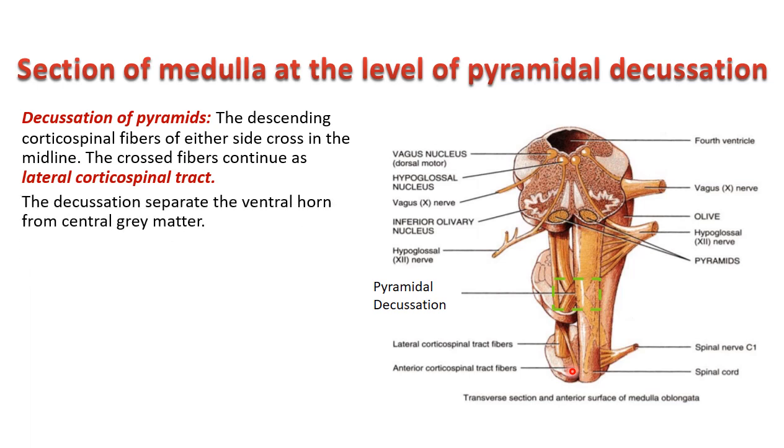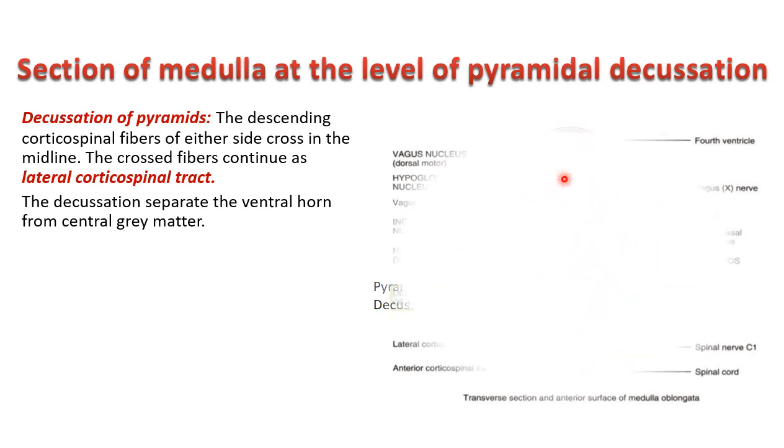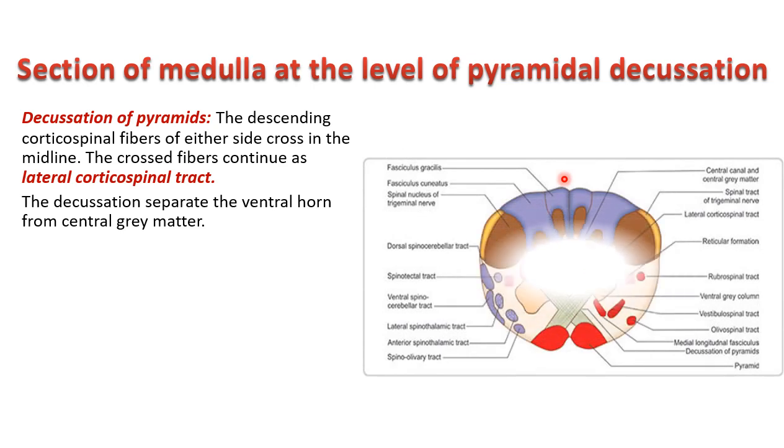That crossing separates your ventral horn from the central gray matter. This is a very diagrammatic representation of the section of the medulla. The ventral gray horn is separated from the central gray matter by this. What you are able to see is the great pyramidal decussation, and posteriorly the nucleus gracilis and cuneatus, fasciculus gracilis and cuneatus.